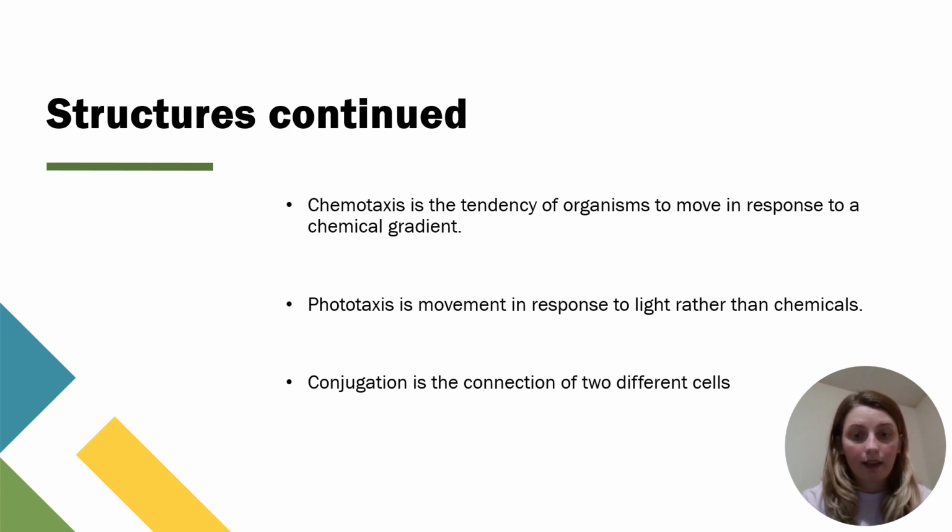Chemotaxis is the tendency of organisms to move in response to a chemical gradient. Phototaxis is movement in response to light rather than chemicals. Conjugation is the connection of two different cells.